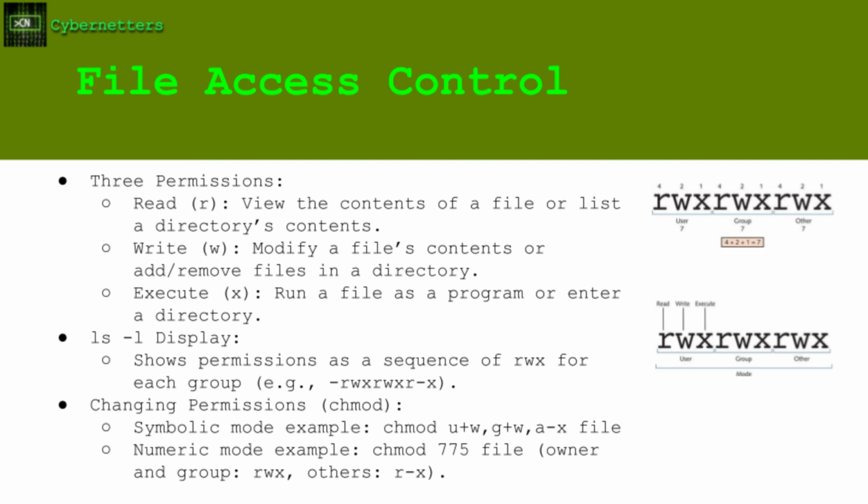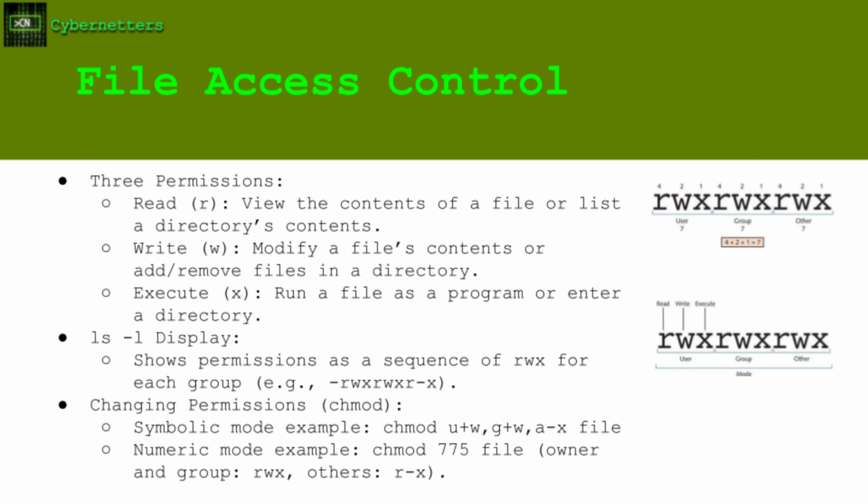And then you have execute, which is x, and it lets you run a file as a program or enter a directory. Think of this like a house. Read means you can look inside, write means you can rearrange the furniture, and execute means you can walk through the door.